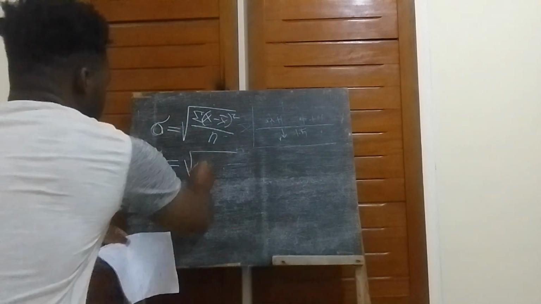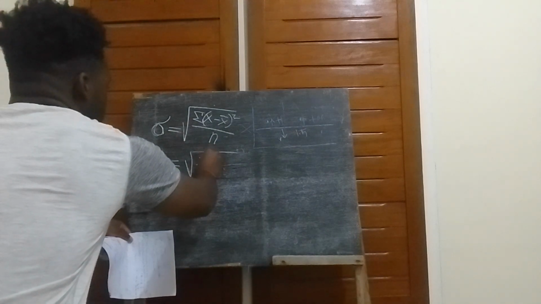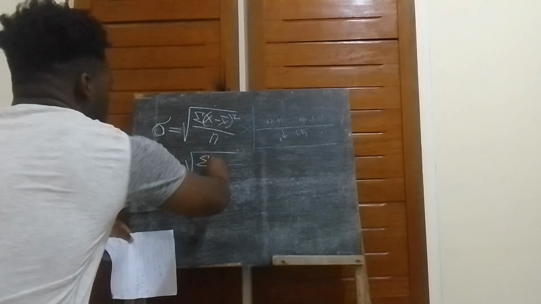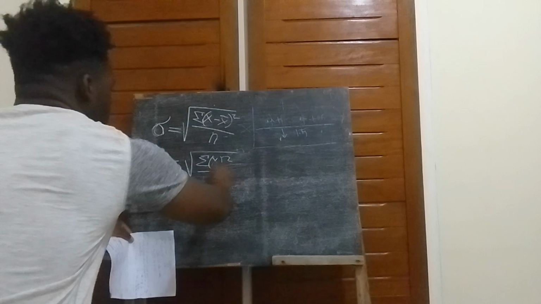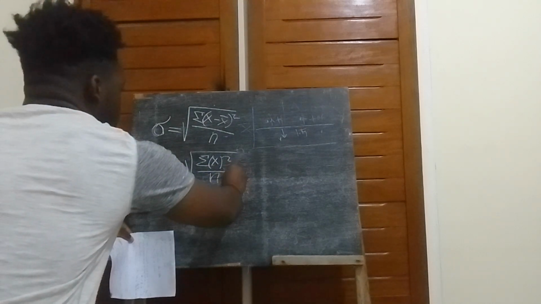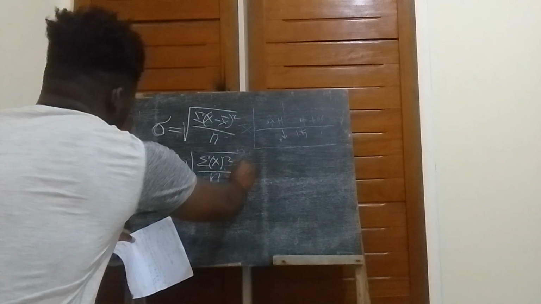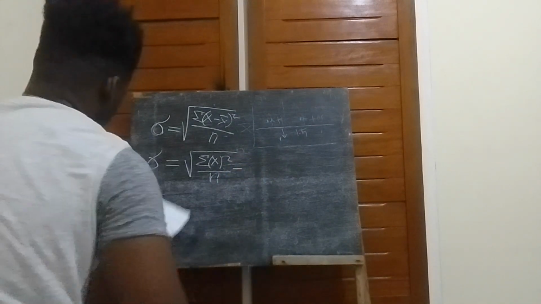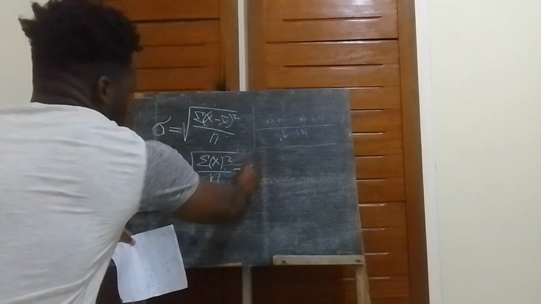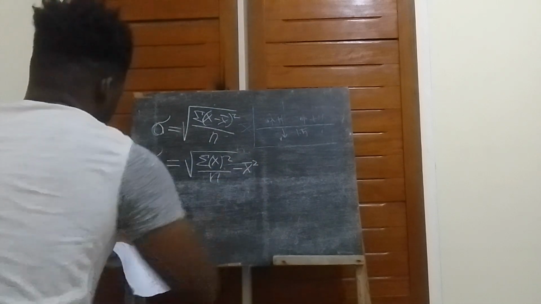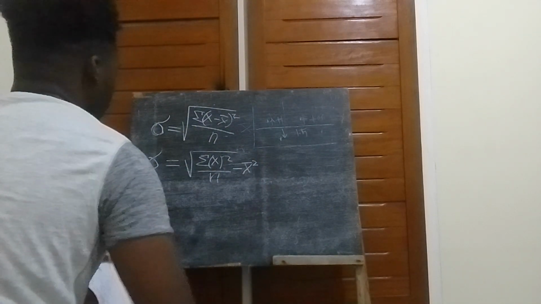You can also find it via this equation, which is the summation of each term squared divided by the number of terms in the set, and you want to do minus the mean. And then you want to square root all of that.